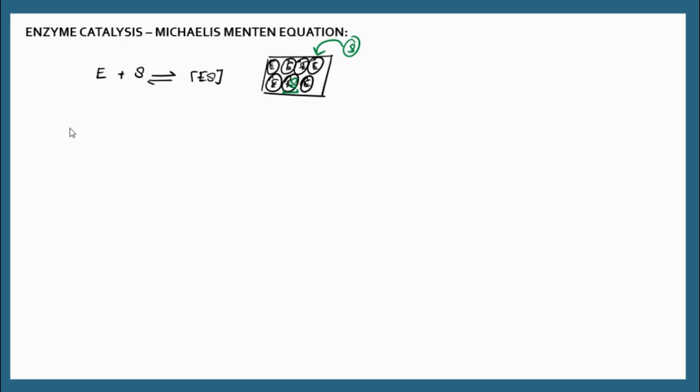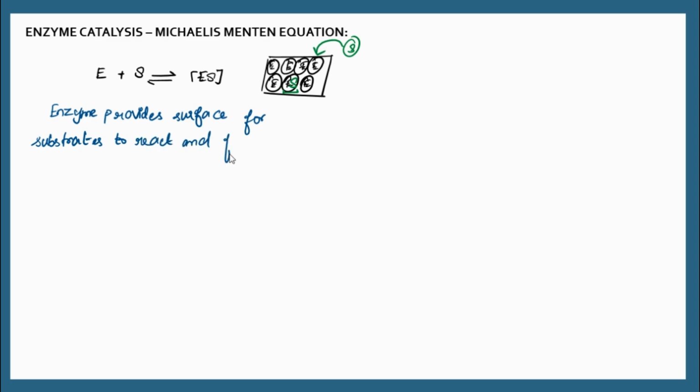So you can write: enzyme provides surface for substrates to react and form products.